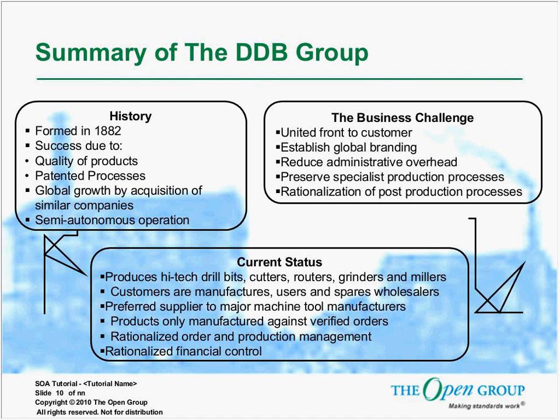They have to establish this global branding and look more like one company instead of a bunch of segmented businesses. This reminds you of somebody? They need to reduce their administrative overhead in this environment, and they need to preserve specialist production processes and rationalize their post-production processes. So you really want to be able to do on-demand manufacturing.